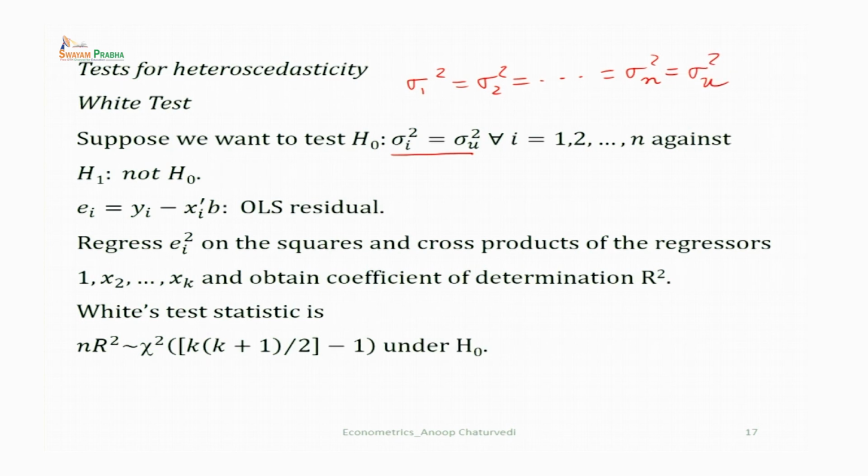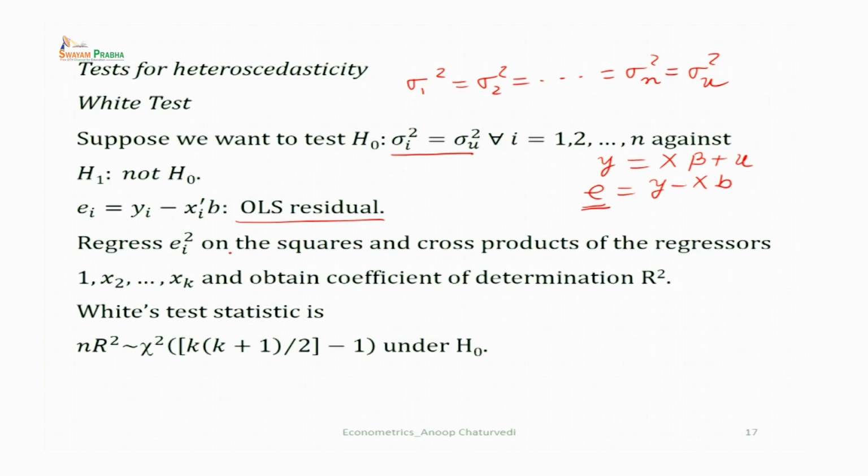Then first we obtain the OLS residual. We simply run the OLS over this model, and then we obtain e. e i is equal to y i minus x i transpose b, the ith element of e. So, this is the OLS residual.